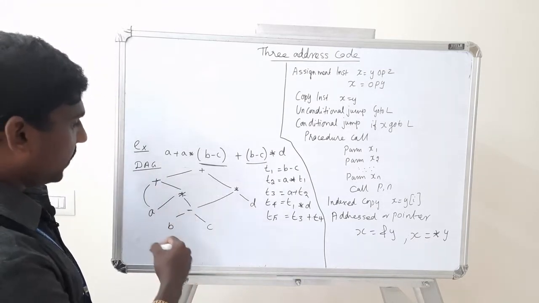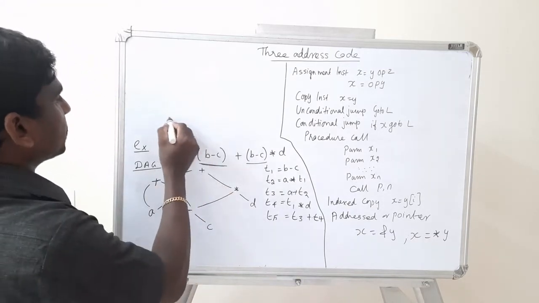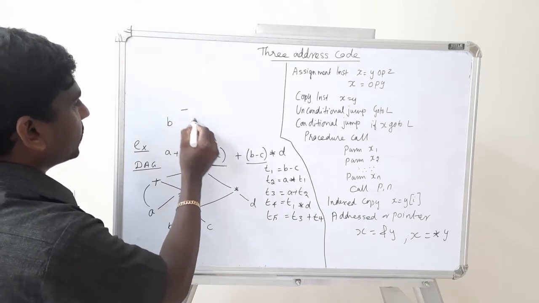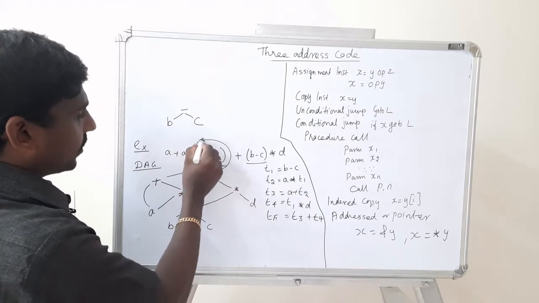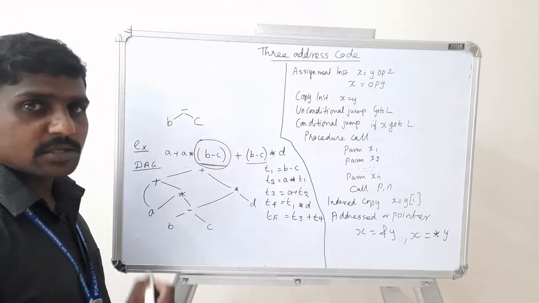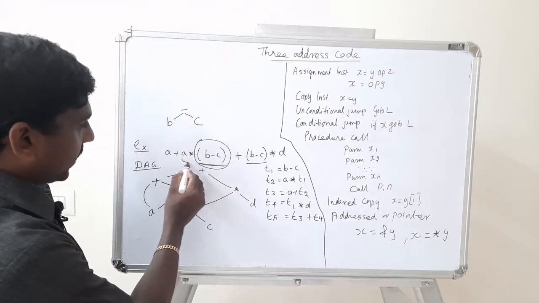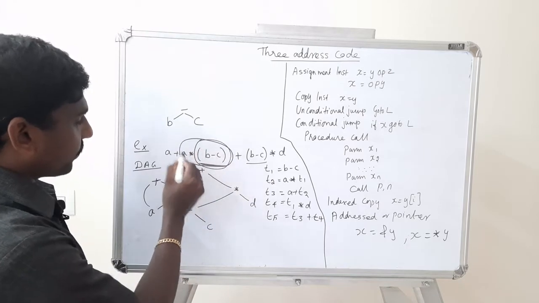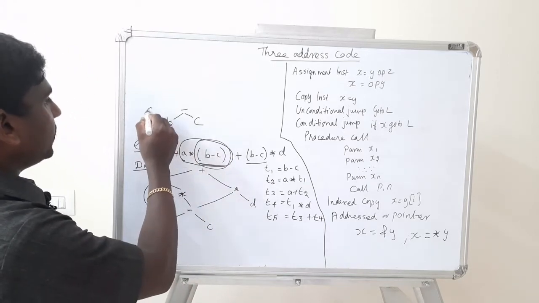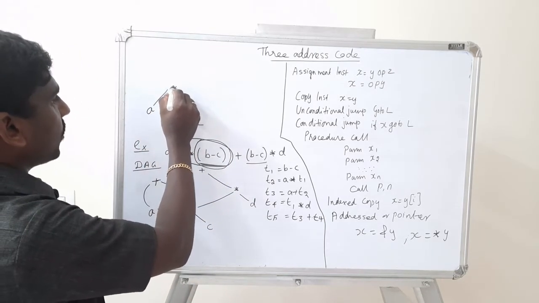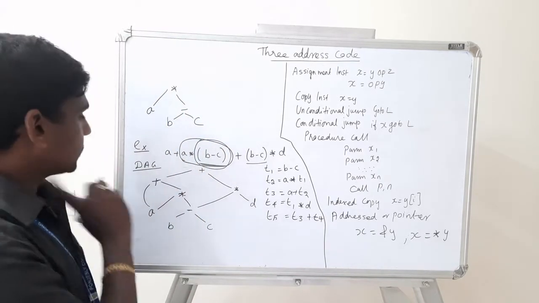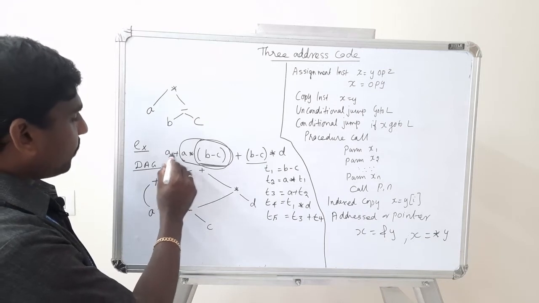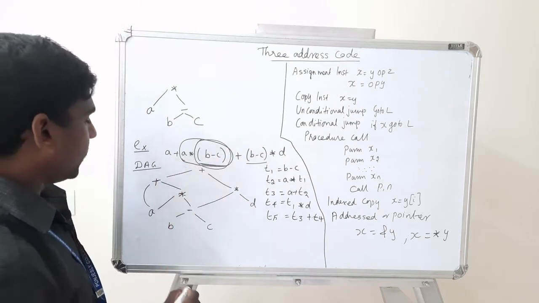So how is this implemented? First, we write b minus c. Then a star b minus c, where star is an operator and b minus c is reused. Then a plus a star b minus c.